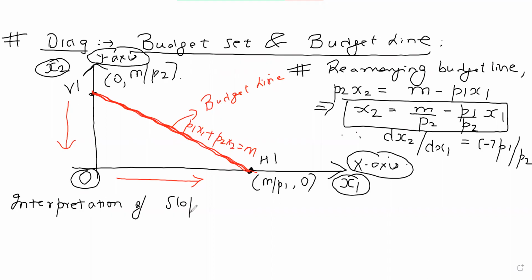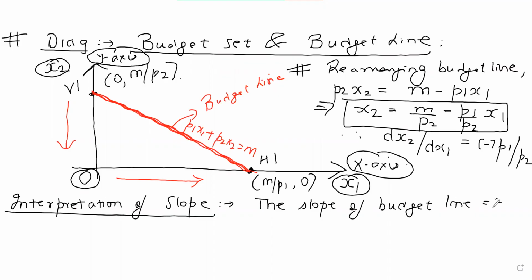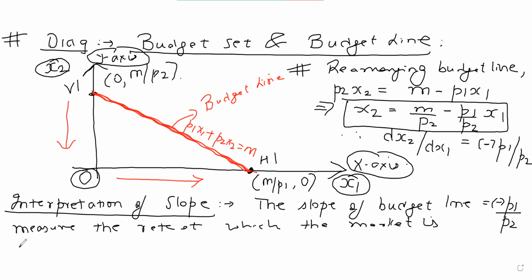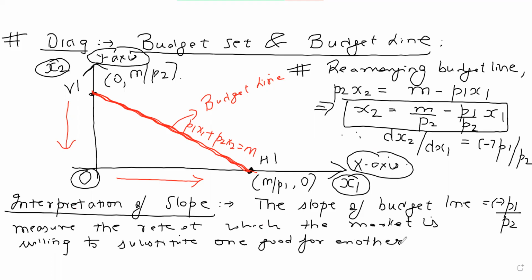The slope of the budget line, which is minus P1 by P2, measures the rate at which the market is willing to substitute one good for another. The slope of the budget line measures the rate at which the market is willing to substitute one good for another.